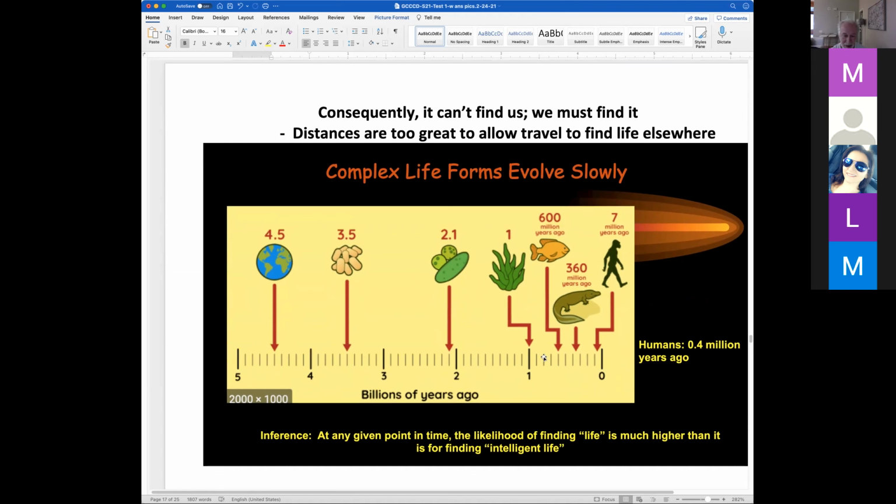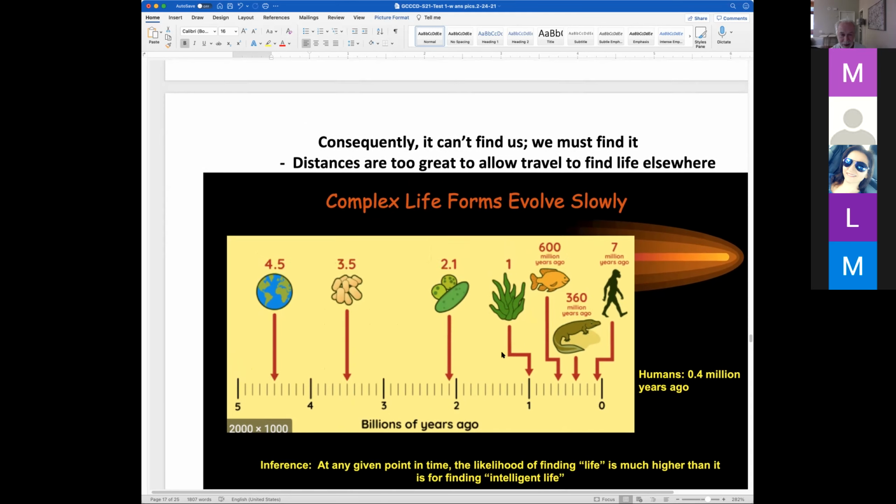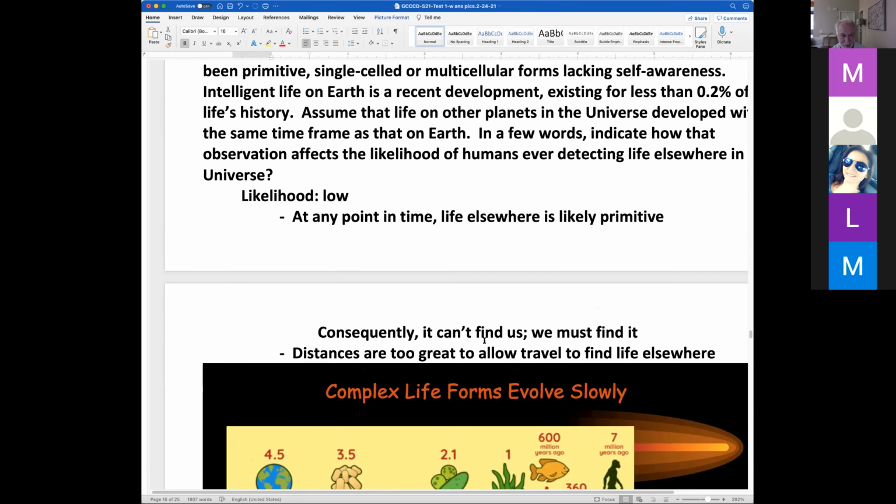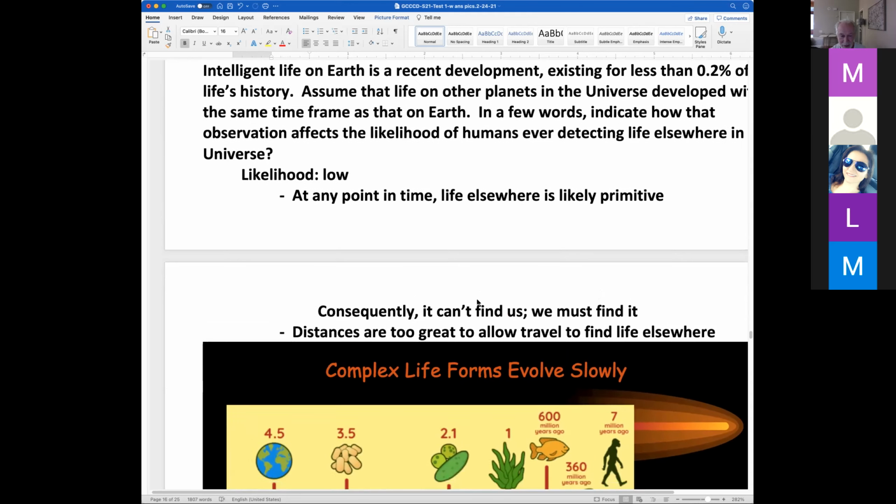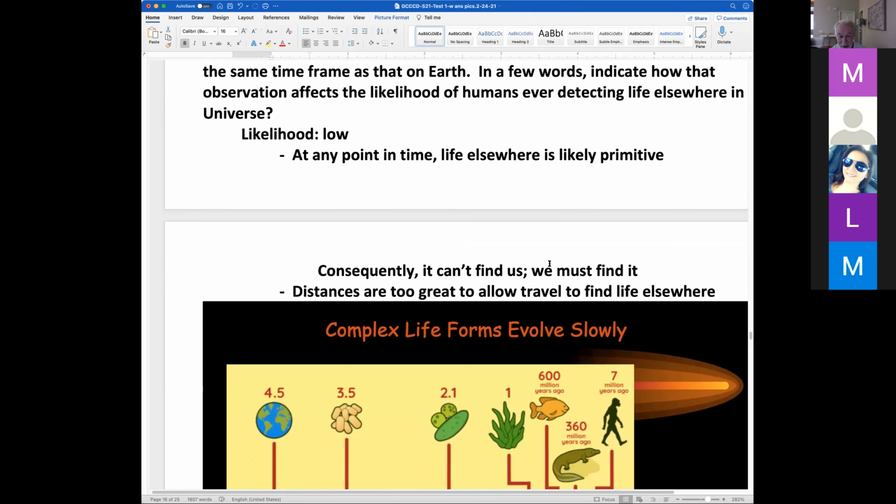So that means that life on this planet has been unintelligent most of the time. Now, if the same thing is happening on other planets, then at any point in time, life on another planet is likely to be primitive. Consequently, if it's primitive, it can't find us, so we have to find it.